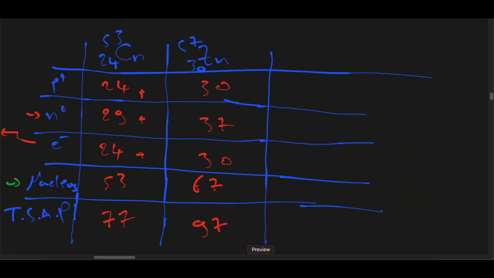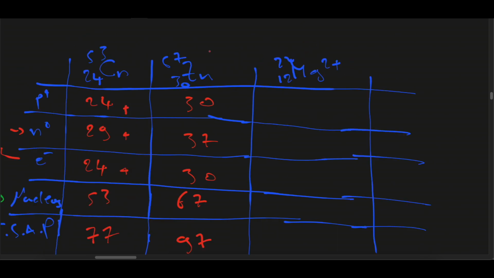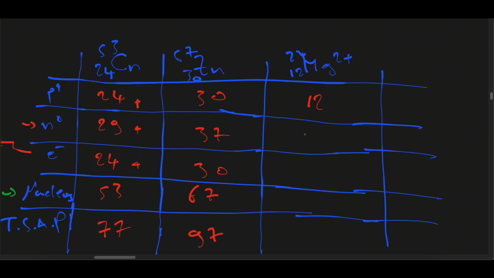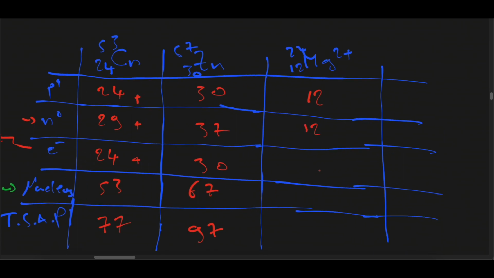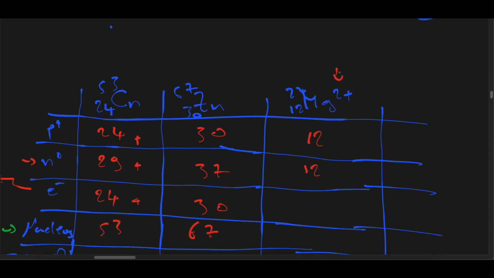The third species is magnesium, the ion magnesium plus 2, 12, 24. So we start with the number of protons, which is 12. The number of neutrons is 24 minus 12, which gives 12. For the number of electrons, here we have a charged species, which means that the number of protons is different from the number of electrons.